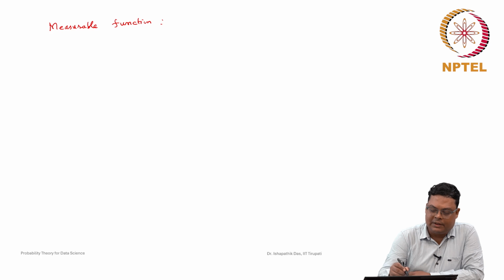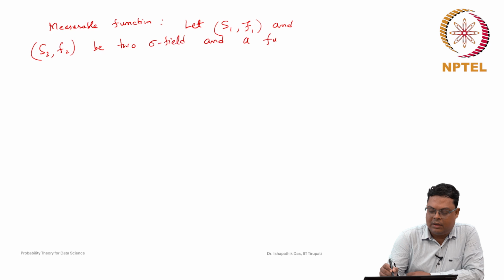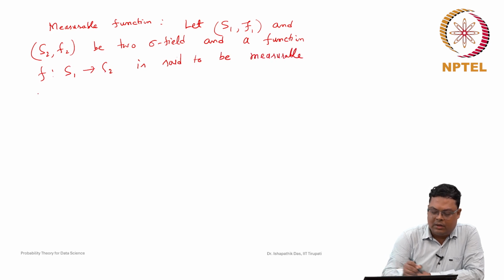Let us denote S1, F1 and S2, F2 as two sigma fields, and a function f from S1 to S2 is said to be a measurable function if for any element b belonging to F2, f inverse of b belongs to F1.